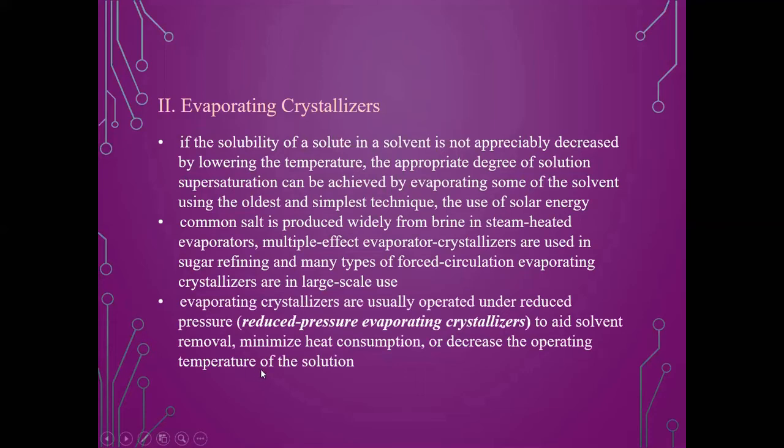Evaporating crystallizers are usually operated under reduced pressure to aid solvent removal, minimize heat consumption, or decrease the operating temperature of the solution. So we want to decrease the operating temperature. As such, we operate it under reduced pressure.